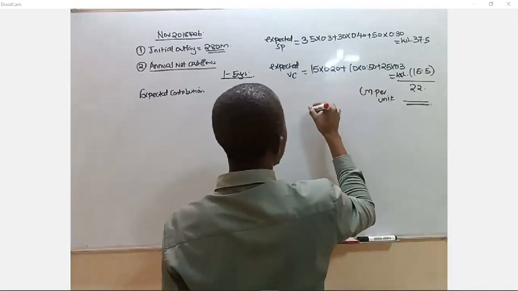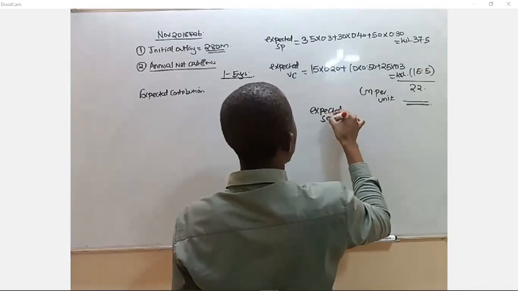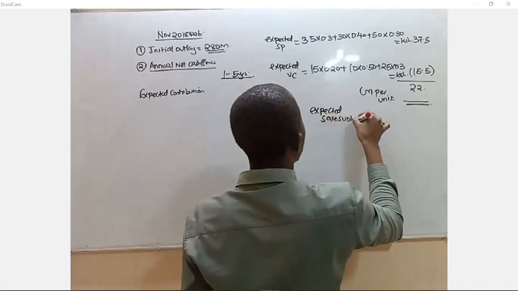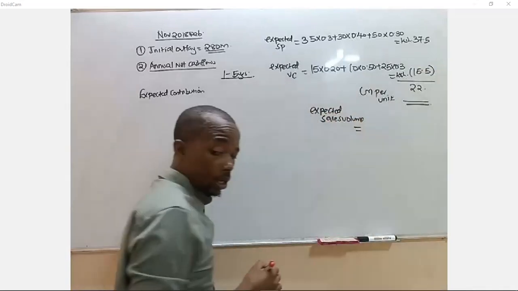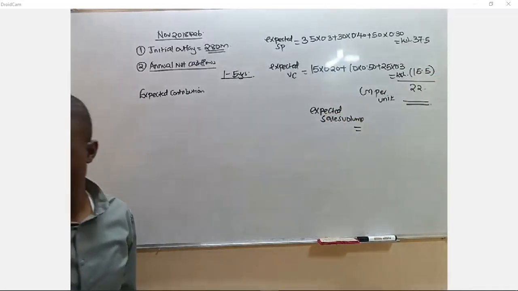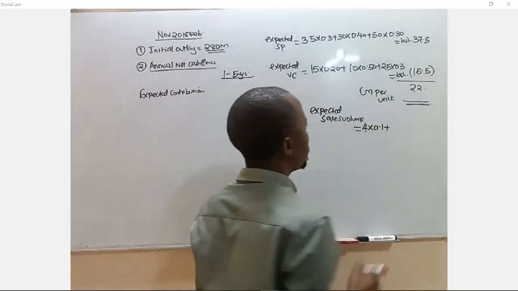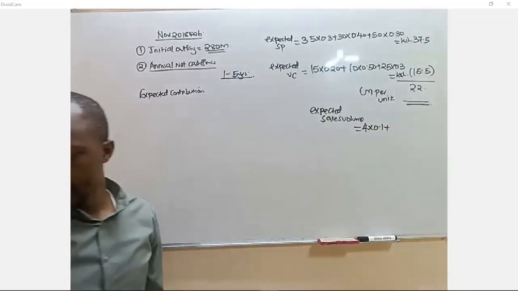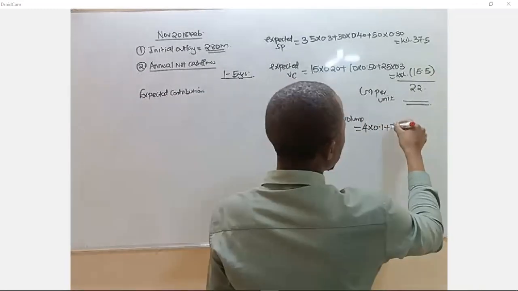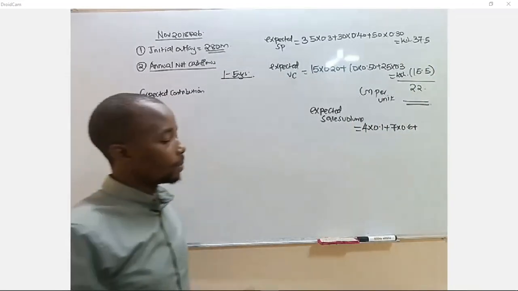Let's look at the expected sales volumes. You do the same, right? We take the probabilities and the annual sales volume: 4 times 0.1 plus 7 times 0.6 plus 9 times 0.3.